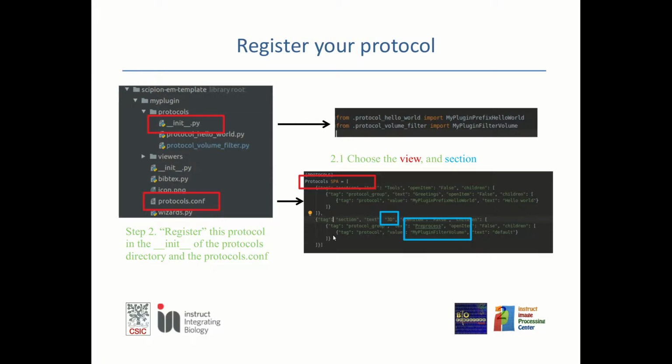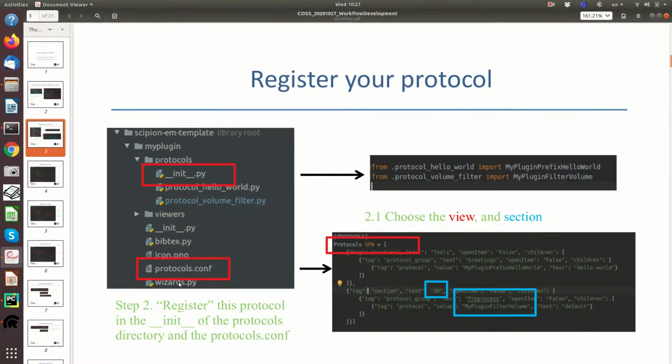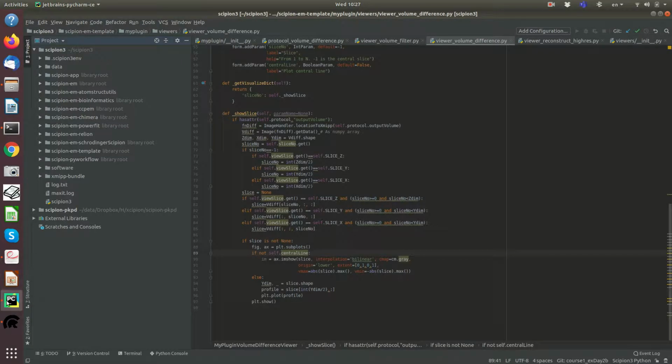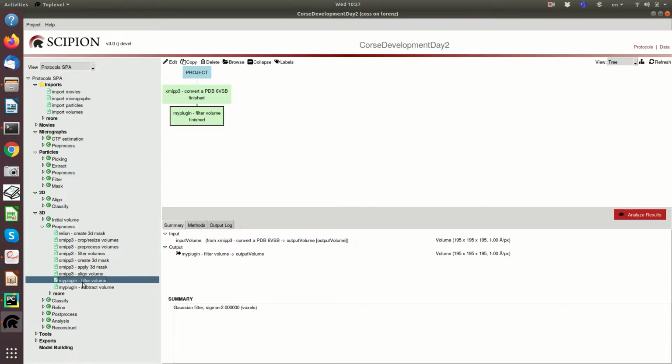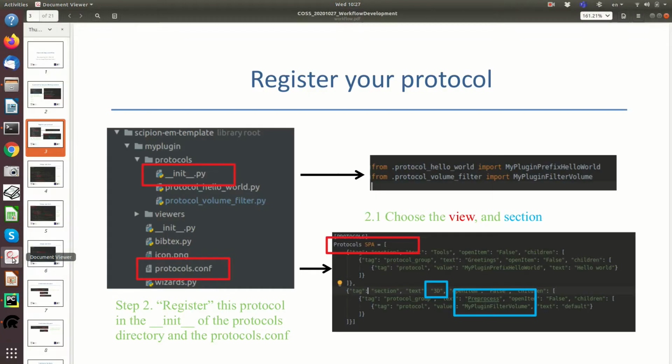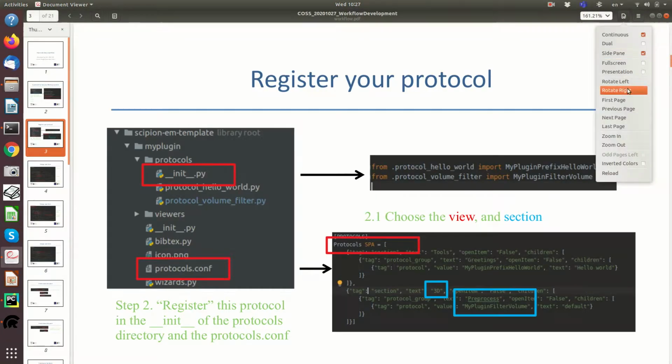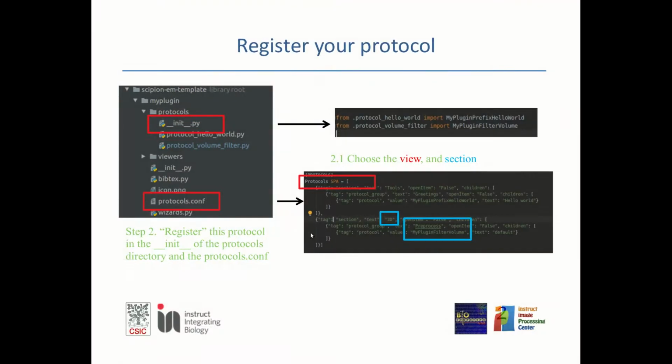So this line says I want to have my protocol under this section with the default label, and the default label we can see where it is here. The default label is the one that you have chosen. Sorry, that you have chosen here.